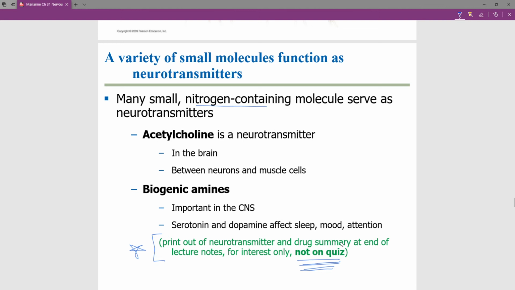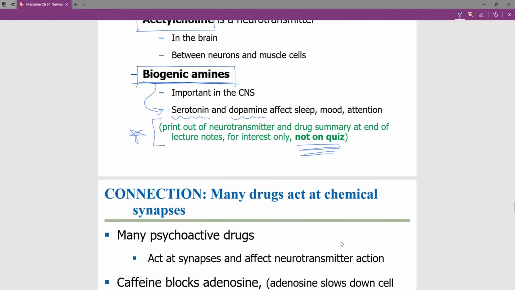Some of the big ones would be acetylcholine, and another would be the biogenic amines, as a general classification. Ones that you might have heard about would be serotonin or dopamine, which are examples of biogenic amines that are neurotransmitters.